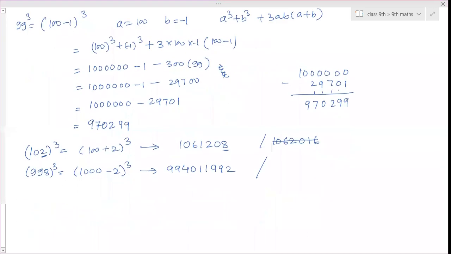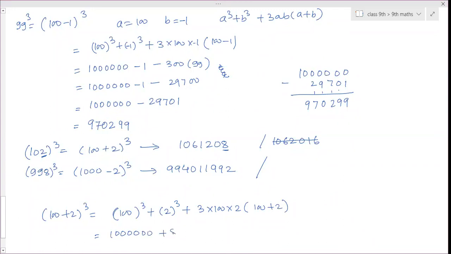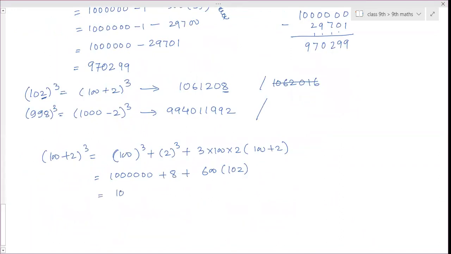The second one is 102, that means 100 plus 2 whole cube. a cube, that is 100 cube, plus 2 cube, plus 3ab into bracket a plus b. 6 zeros, plus 8, plus 600 into 102. 6 zeros, plus 8, plus 6 2s are 12, this one 612.